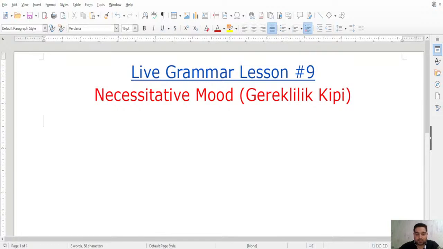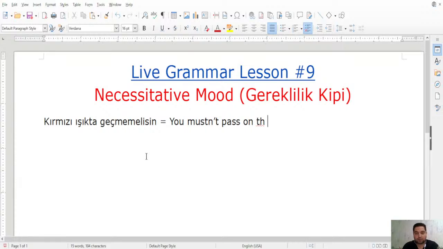The first example is kırmızı ışıkta geçmemelisin. Okay, you must not, you mustn't pass on the red light. Negative, right? This is the negative form for second person singular. Sen kırmızı ışıkta geçmemelisin. So geçmek is to pass.